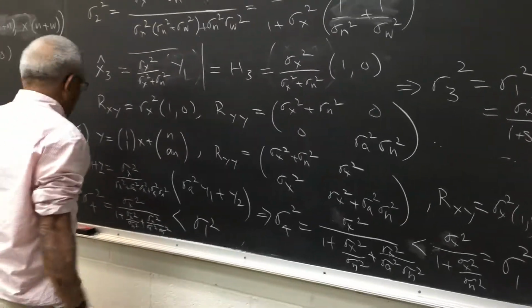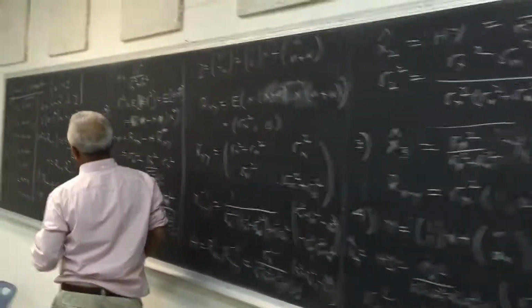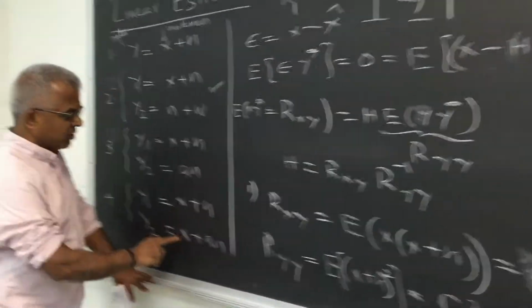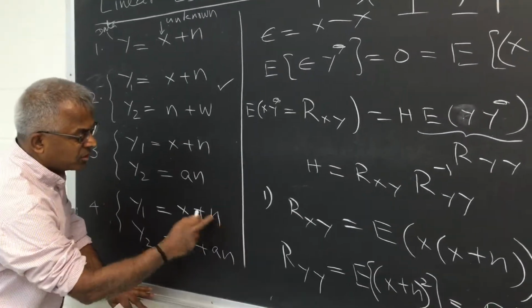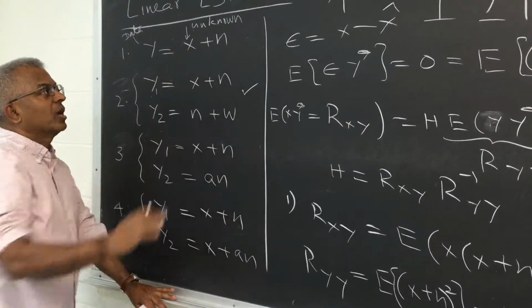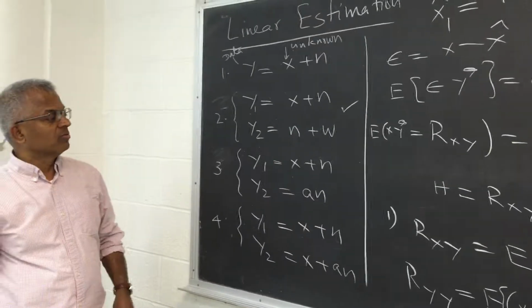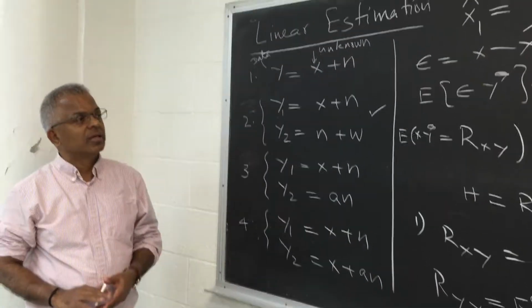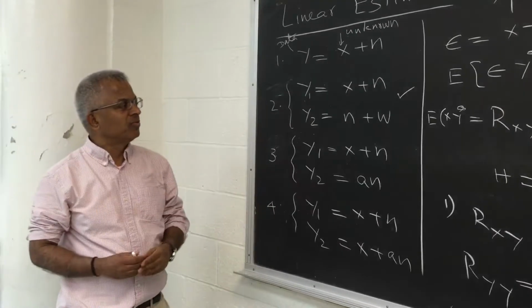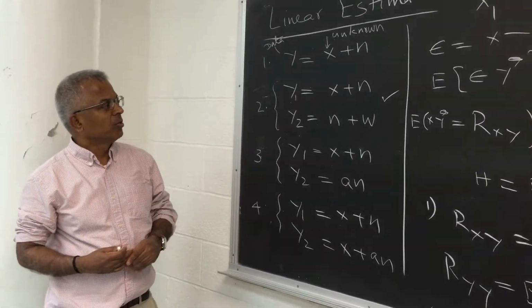So even coming back here, having a noisy version and a second noisy version which is even inferior to this is superior to having only one version of the noise. So here is the relative performance of these estimators.